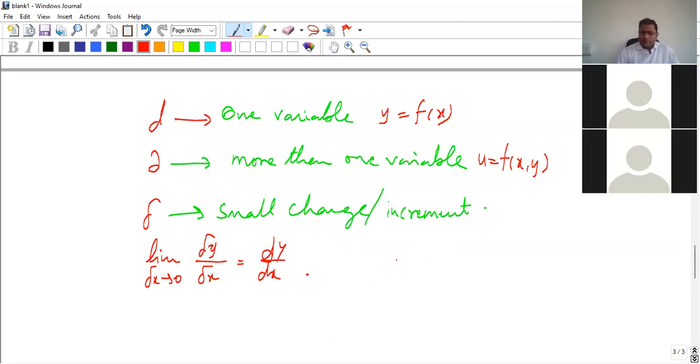Is delta a little more than D in size? See, these are different notations. This is gamma, this is delta. These two are different symbols.